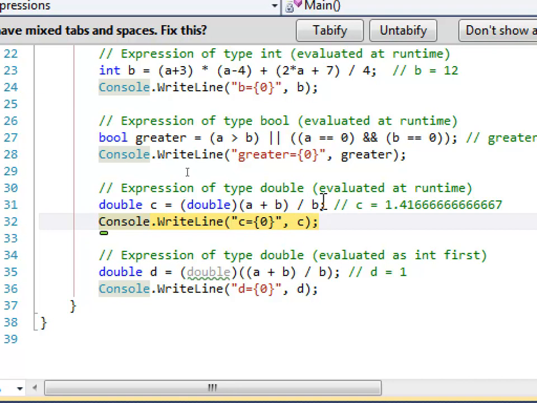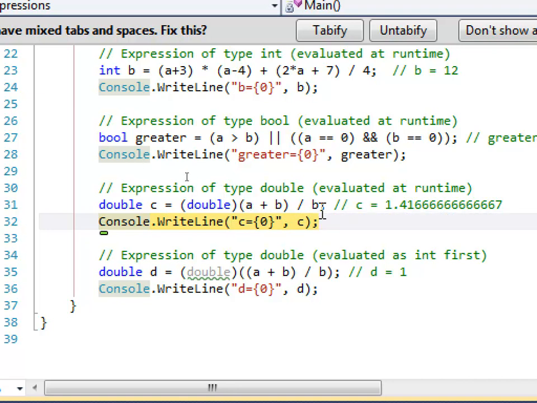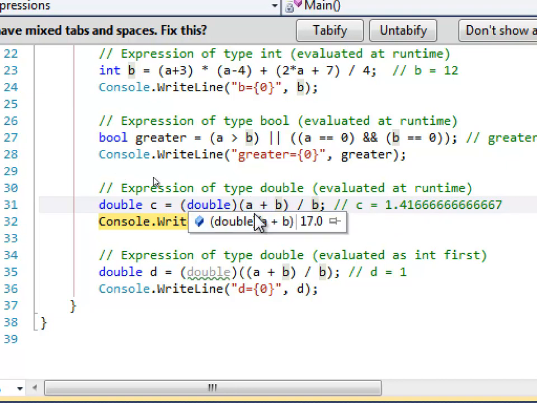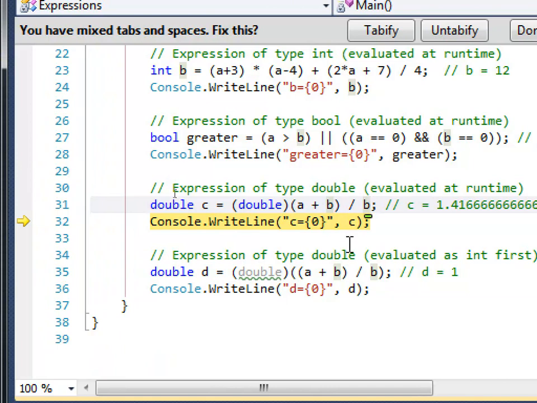Here we're taking the integer values and we're casting the result of a calculation between them into a double. Since we have 17 and 12, 30, and we're dividing by 12, we're getting a double number. If those were all integers and we were putting the result into an integer, we'd get a rounded result.